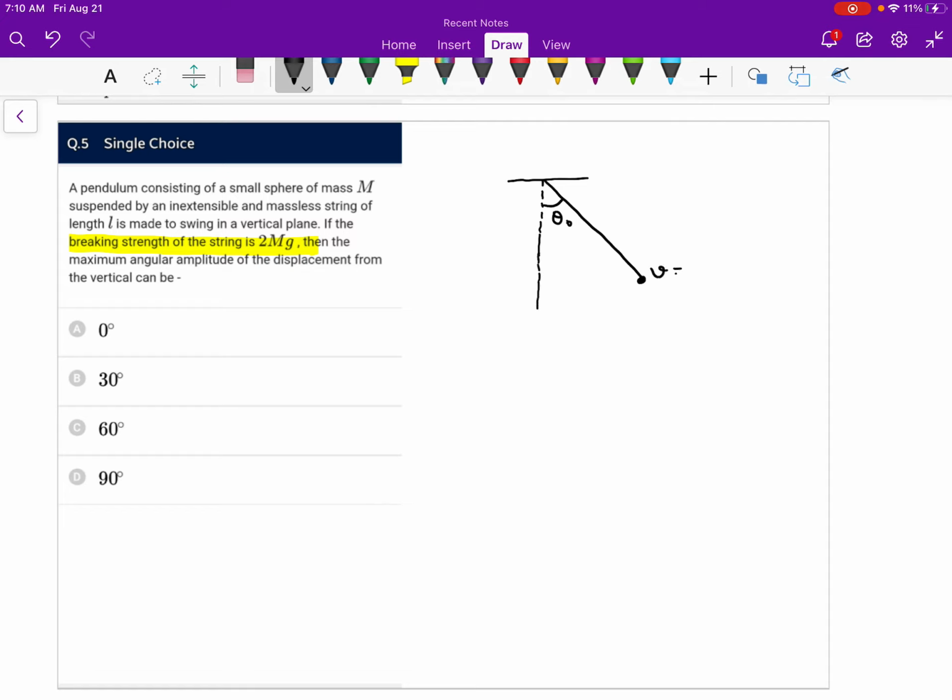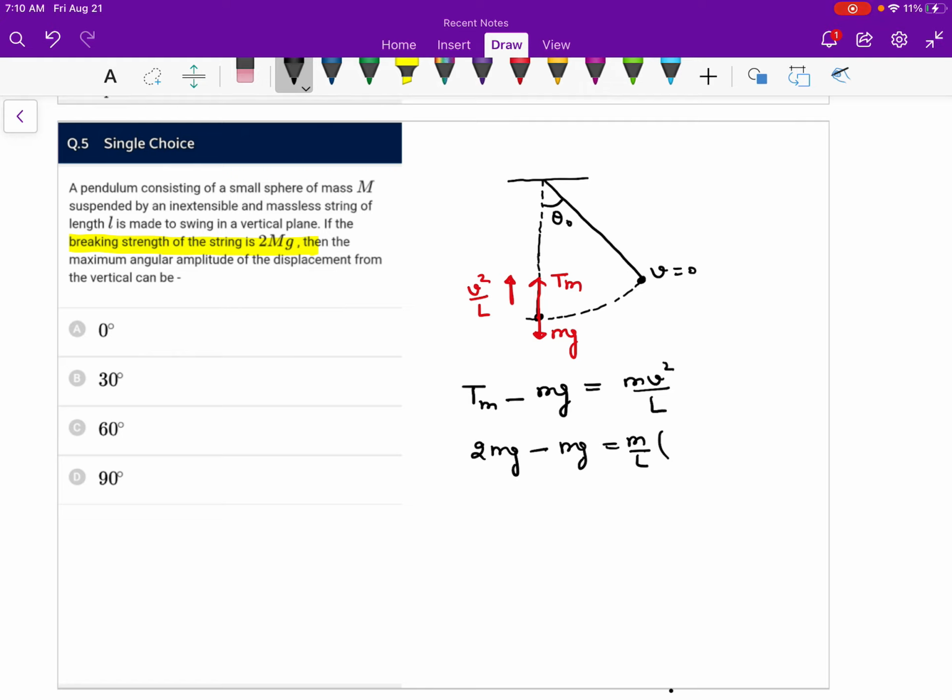So at this position speed is 0, and at the lowest position tension is maximum. So T max minus mg is equal to mv square by L. T max is 2 mg, minus mg is equal to mv square by L.